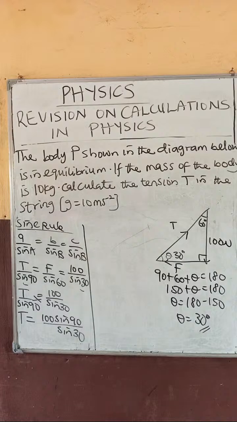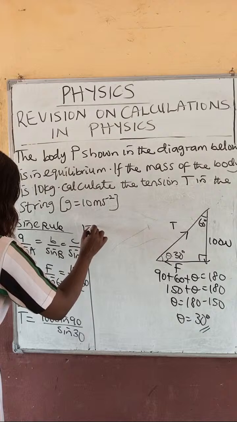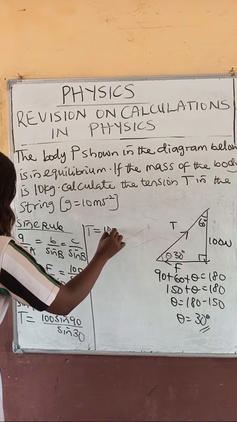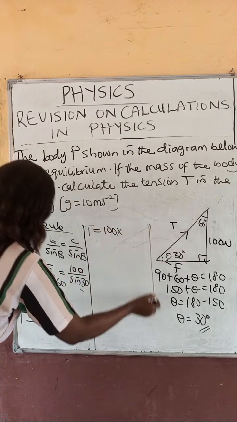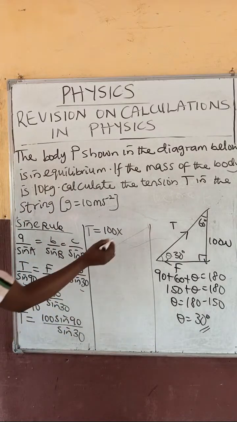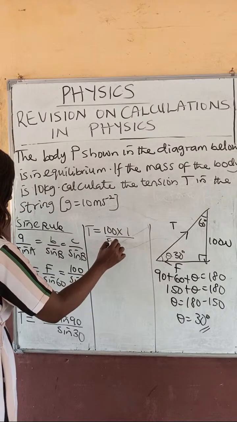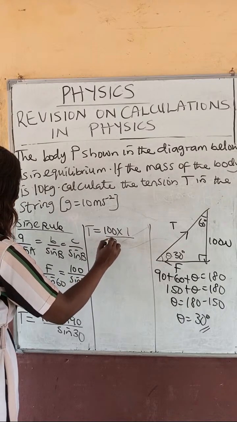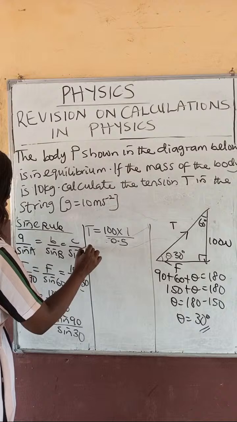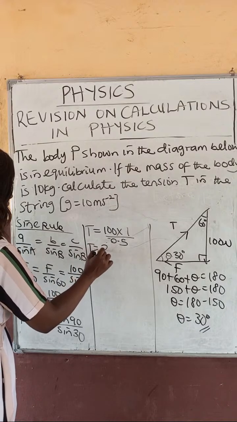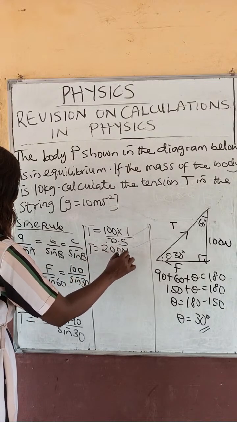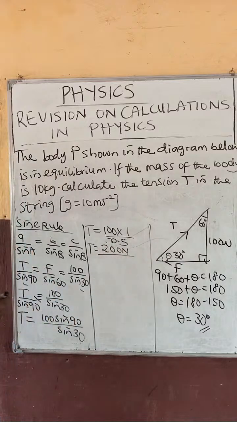Now, T is equal to 100 times, what is sine 90? Sine 90 is 1, divided by sine 30, which is 0.5, okay? So by the time you multiply, the answer is going to give you 200 Newton. Is that clear?